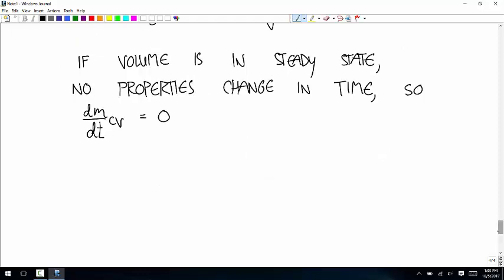And then the mass rate balance equation just says that the rate of mass coming in the inlet is equal to the rate of mass going out at the exit.